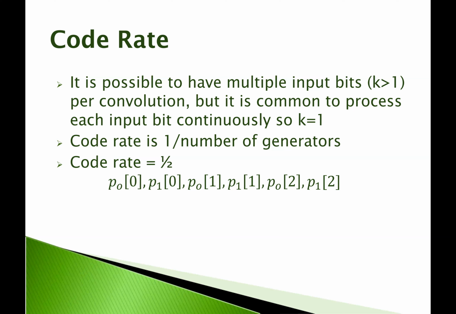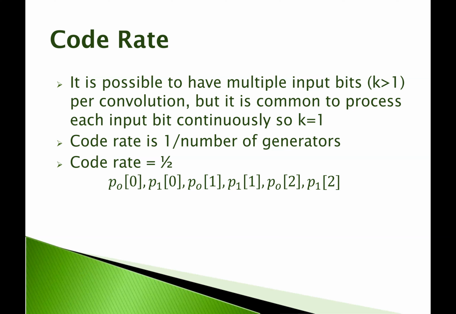You recall in our block codes we had k's that were some length, and then we added some parity bits to that to expand that code word to n, lowercase n, right? So here our k is going to be typically 1, and the code rate is going to be this number of generators. So here we have this g sub i.